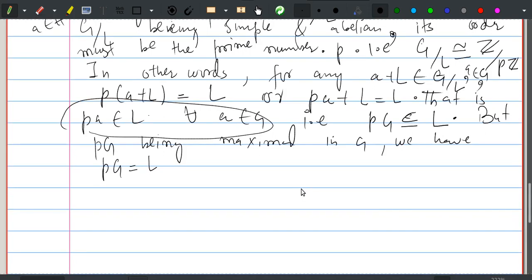Now if this is the case, as every proper subgroup is contained in a maximal subgroup, so every proper subgroup of G is contained in PG.